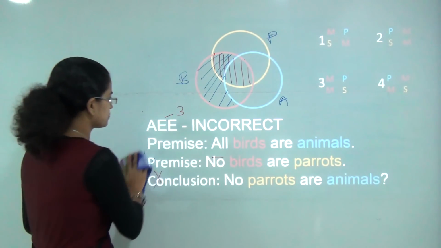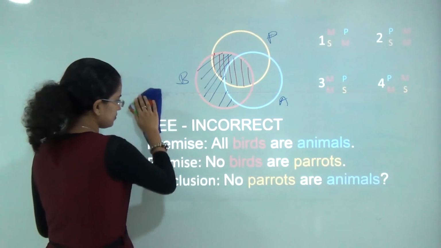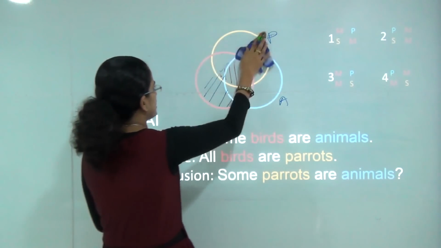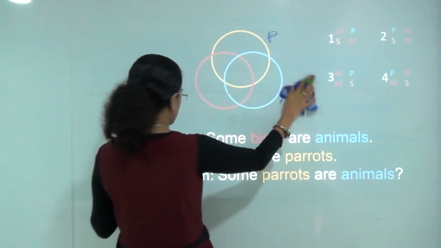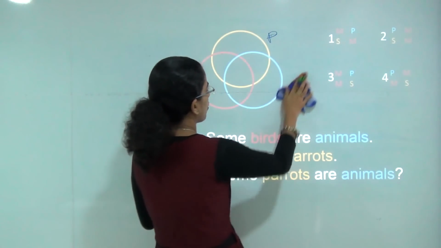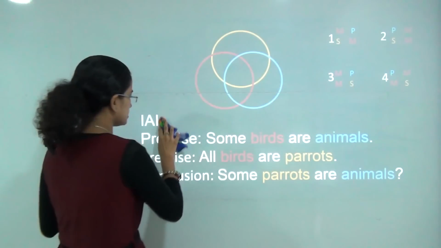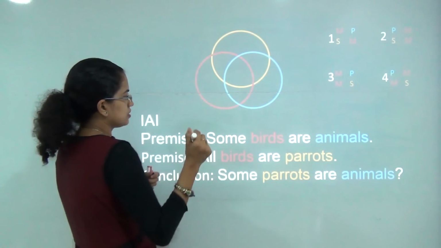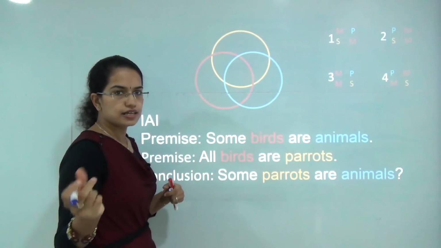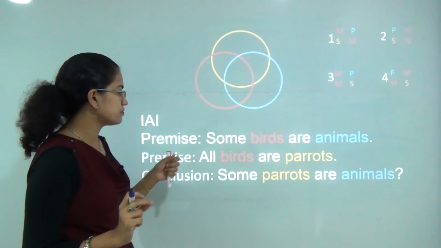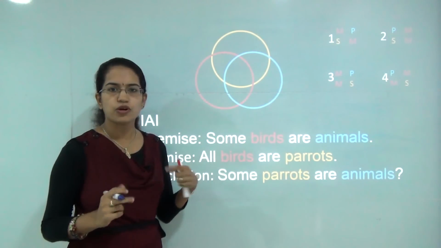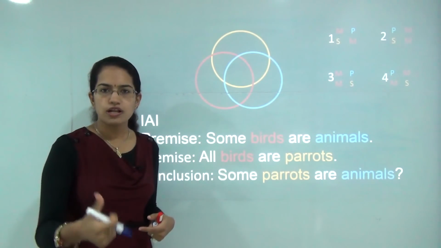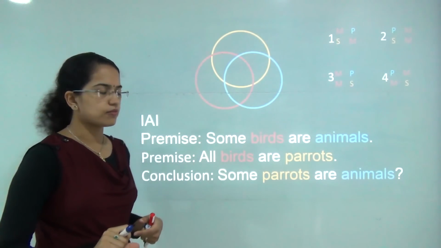Now let's do the next example, that is IAI. So I means some, A means all and I means some. Now there are some and all premises. What we studied in the first slide today was that whenever there is a case of all and some, I will do all first and then I will solve the problem of some.